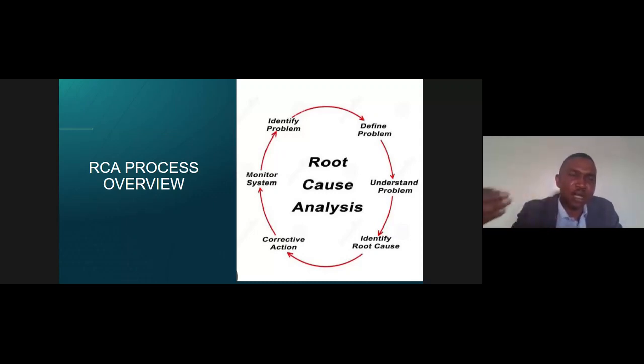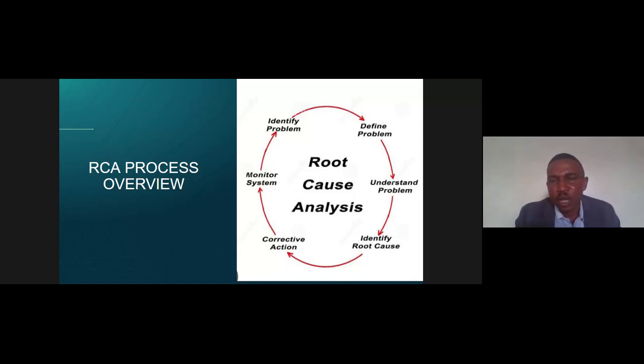This root cause analysis, as I said earlier, is a systematic process or approach for identifying and putting in place a mitigating factor to remove the problem. So you have to follow this process. If you don't follow it, then you will not really get to the root cause of why that equipment or that problem is lying there in your organization. So where does it start from?